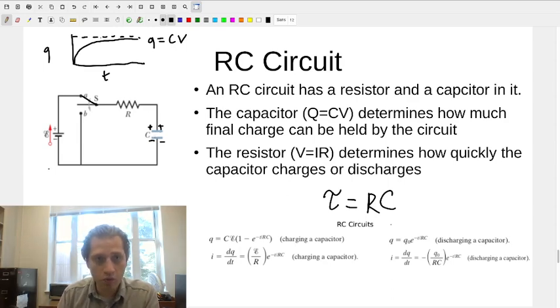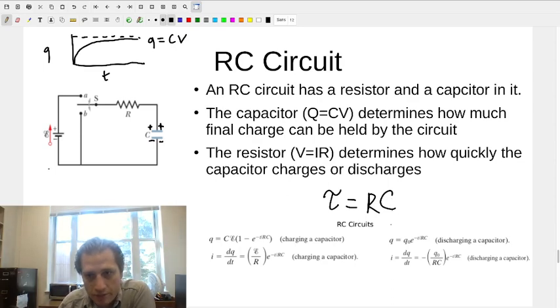So what we're looking at with this T is how long does it take that capacitor to achieve its final charge for a given voltage. On the other hand, the reason why the C is in there is because if you have a bigger capacitance, you can get a bigger overall charge that's sitting on that capacitor for a given voltage. So both of those things matter.